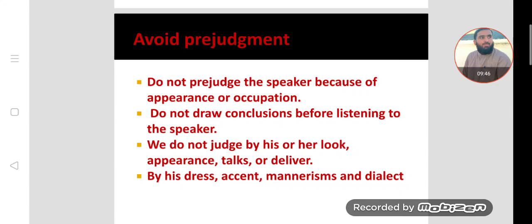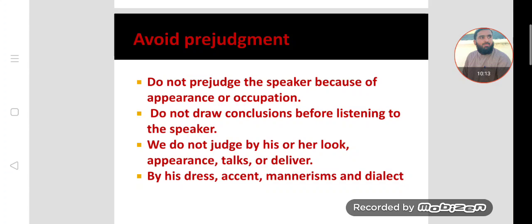Avoid prejudgment. Yes, do not prejudge the speaker because of appearance or occupation. Do not draw conclusions before listening to the speaker. We do not judge the speaker by his or her look, appearance, talks, or delivery, or by his dress. Yes, do not prejudge the speaker by his dress, accent, mannerisms, and dialects.